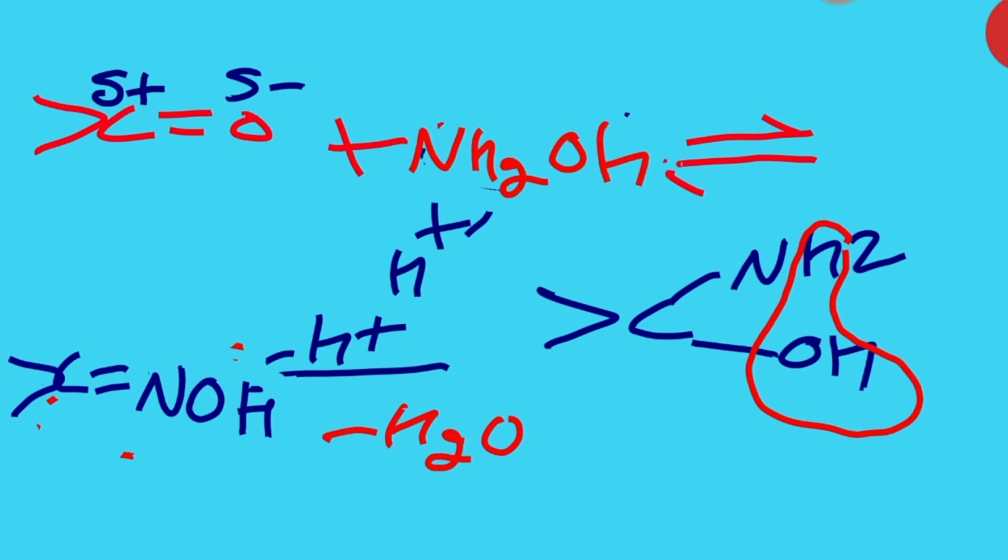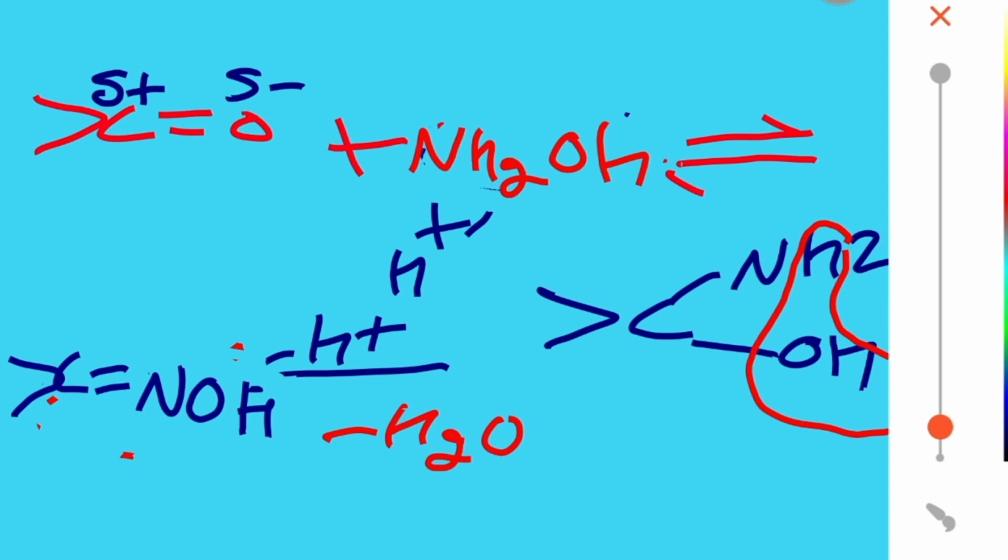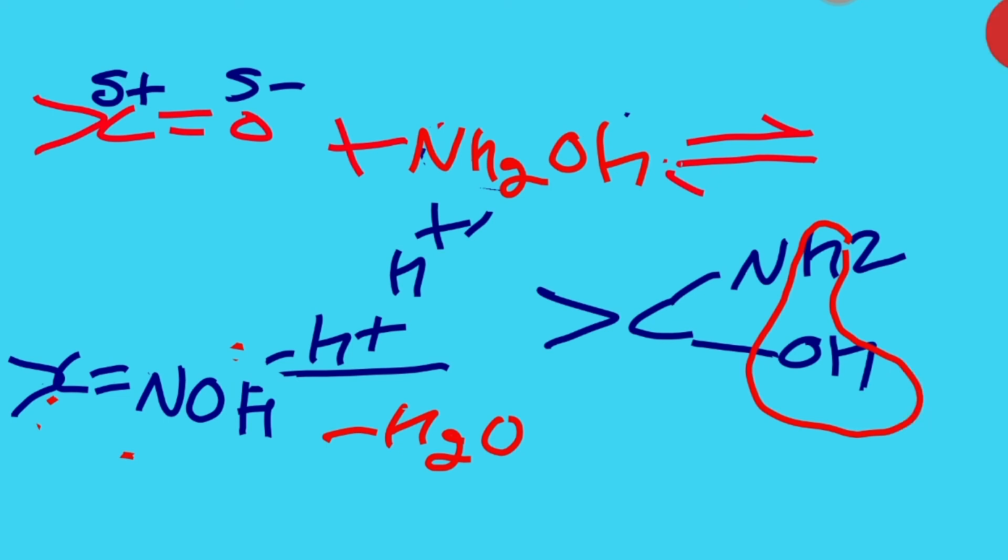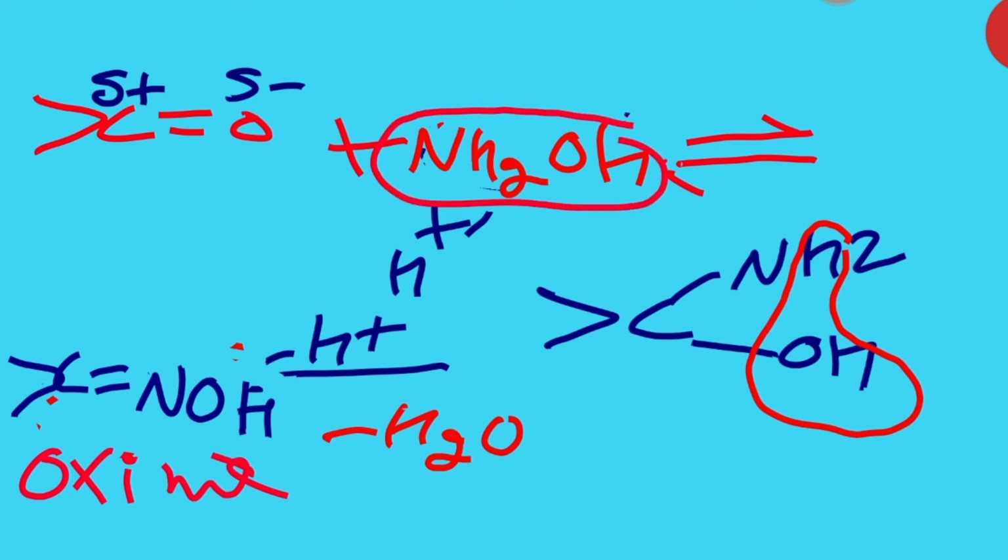Clear? Whenever C double bond NOH is there, it is always called an oxime. From NH2OH you are getting the oxime. If it is an aldehyde, suppose acetaldehyde, you will call it acetaldehyde oxime. If it is acetone, you will call it acetone oxime. Clear? With NH2OH you are getting the oxime.